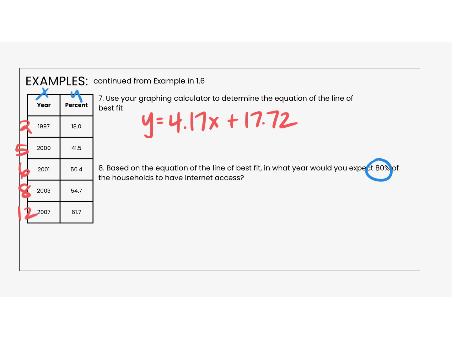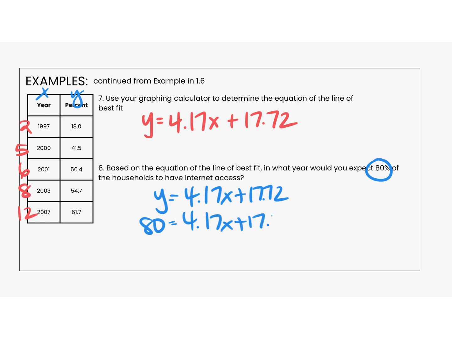Is that our X? No, that's our Y. So we can't do it exactly like we did the other one. We're plugging that in as our Y value. So my equation is y equals 4.17x plus 17.72. But now I'm going to put 80% as my Y value, and I'm going to just solve this like I would any other linear equation.